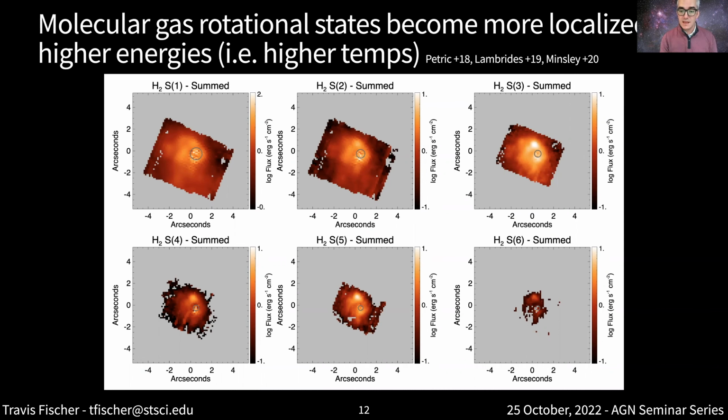What that's saying is that the highest temperature of the molecular gas is where that shock is going on, where the winds are running out into that dust lane and shocking it. And that's where we get the increased temperatures in this molecular hydrogen flux distribution.